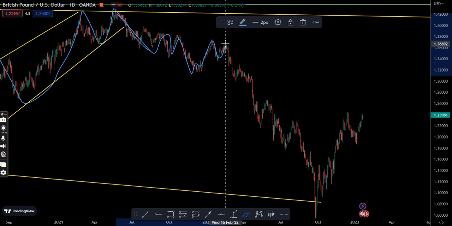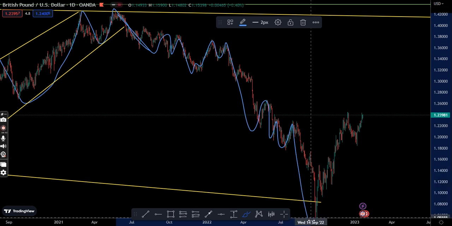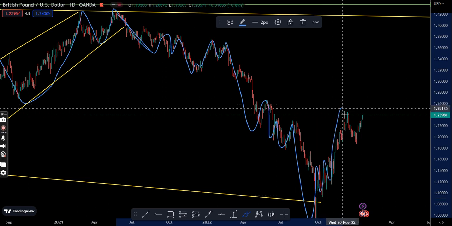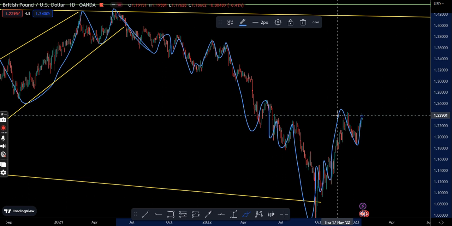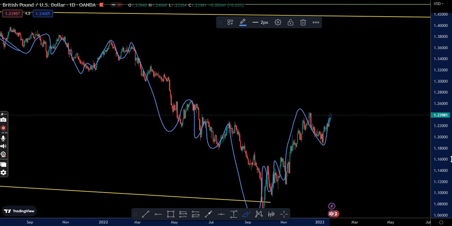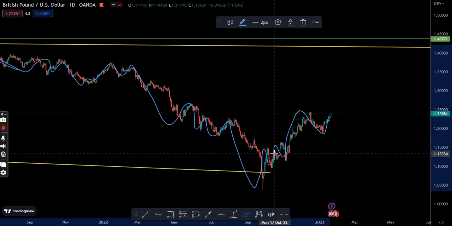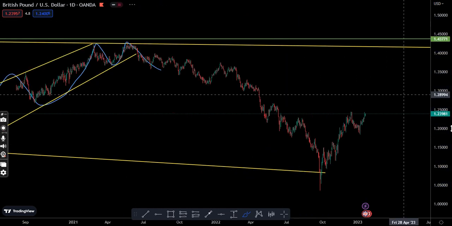This can be looked at as a correction, then strong impulse followed by this correction, then strong impulse again, followed by these corrections, and strong impulse followed by this here, of which we cannot say whether it is a correction or what, because the market has not shown the sign for us to qualify it as an impulse or correction around these areas.